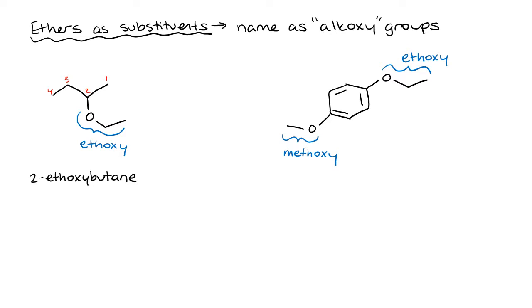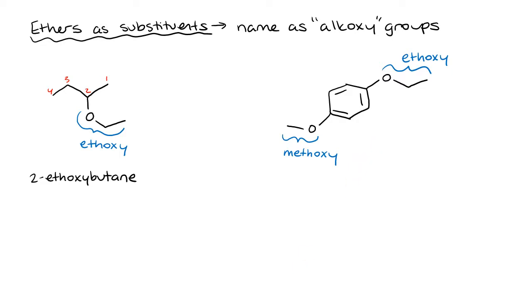Now, as far as numbering, we want to give the substituents the lowest possible numbers. No matter how we number around the benzene ring, we're going to have one substituent on carbon number 1 and one on carbon number 4. So we can either go 1, 2, 3, 4, or 1, 2, 3, 4. Since there's no difference in the way that we number, we're going to go based on alphabetical order.